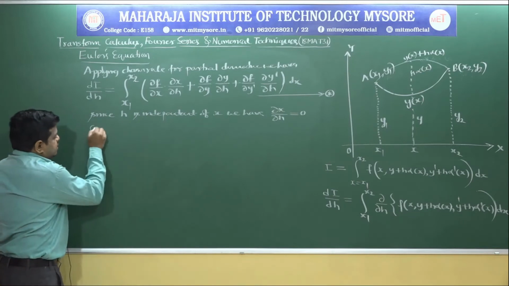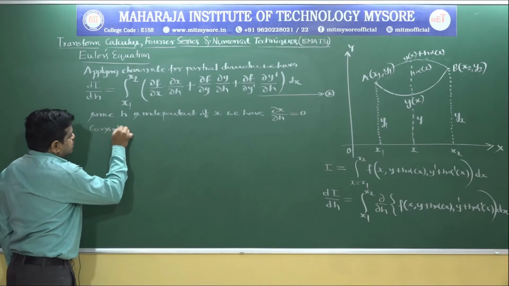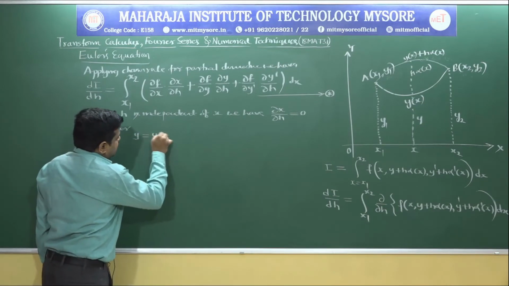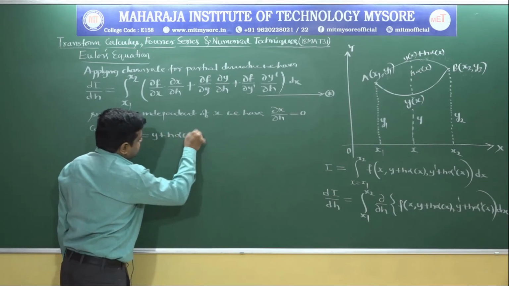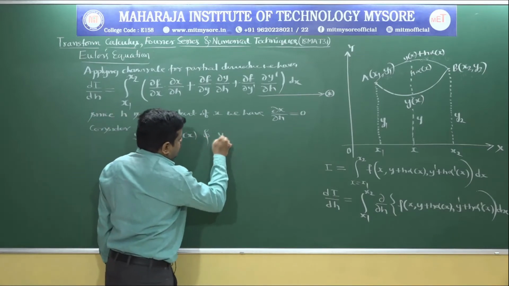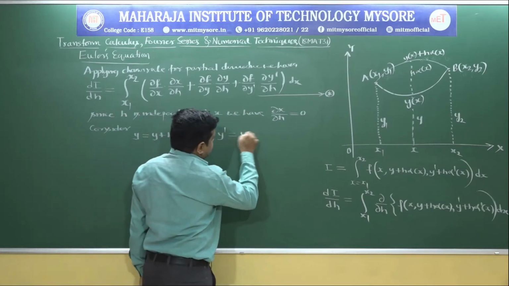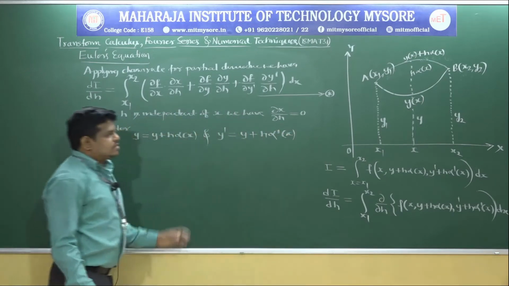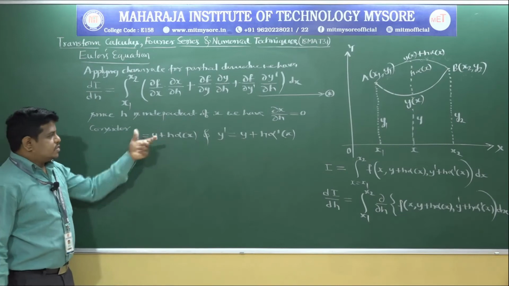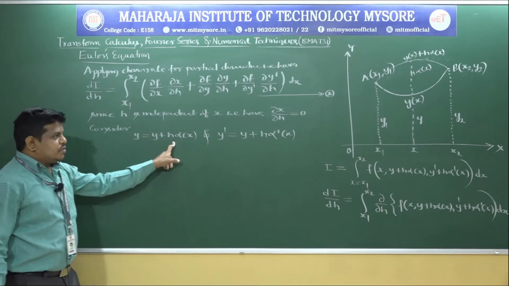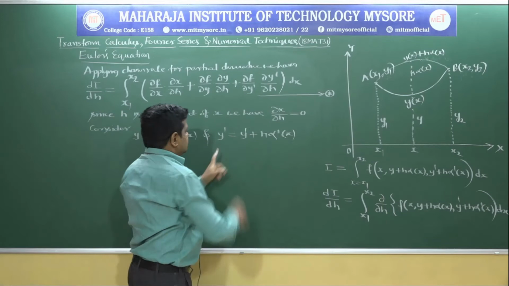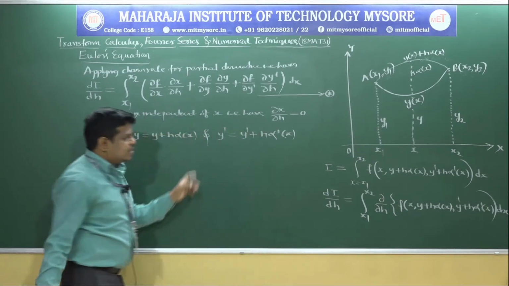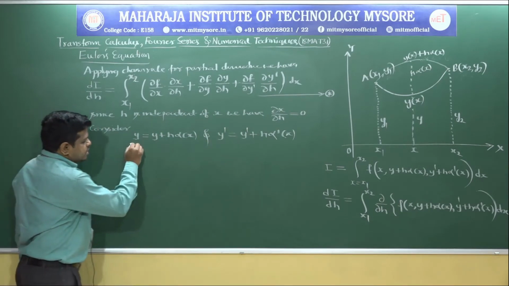Next, consider y equals y plus h into alpha of x and y dash equals y dash plus h into alpha dash of x. I am considering both the neighboring curve, that is y equals y plus h into alpha of x, and the derivative of y, that is y dash plus h into alpha dash of x.